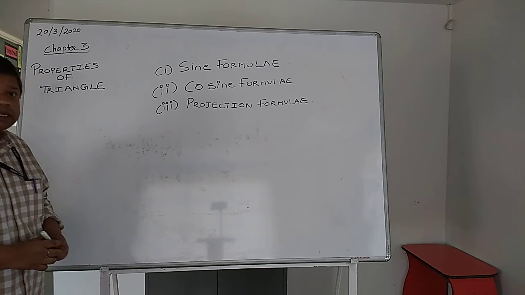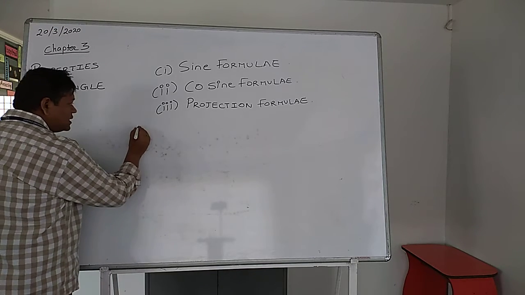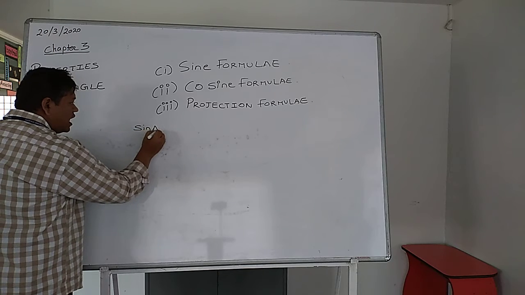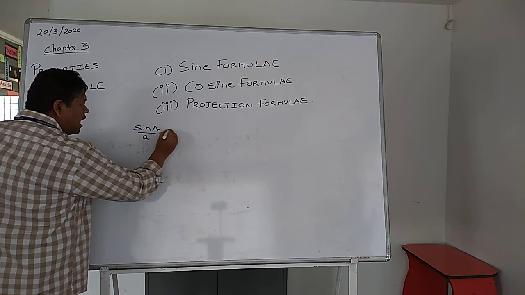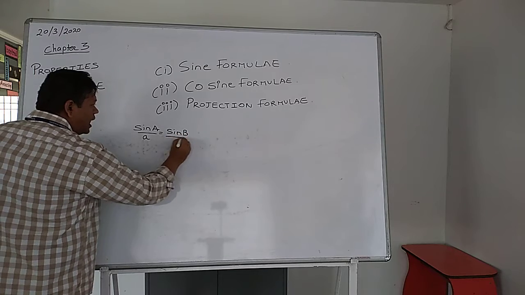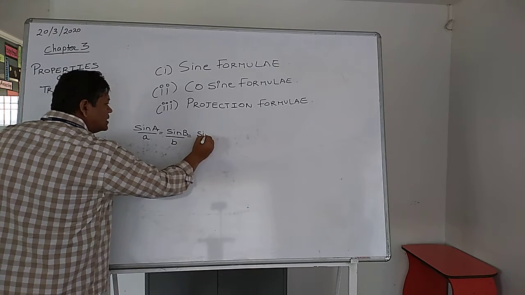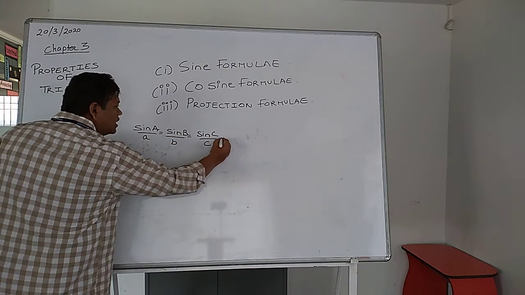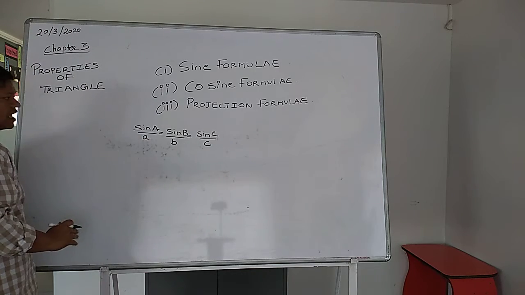The first is sine formula, written as sin A by a, sin B by b, sin C by c. This is the sine formula.